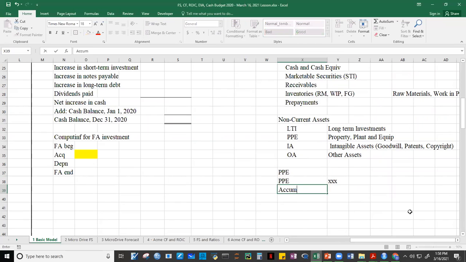Yes, so accumulated depreciation, XXX. So what do we have here? Net value of PPE, net PPE. Pag binayos natin to net, anong tawag dito, guys? Yung acquisition cost ng PPE minus your accumulated depreciation. What's this? Ito yung acquisition cost kasi natin, magkano binili yung asset.